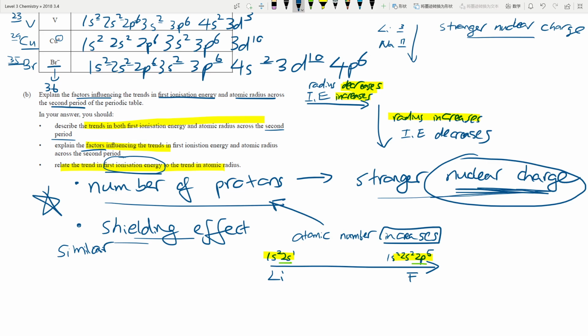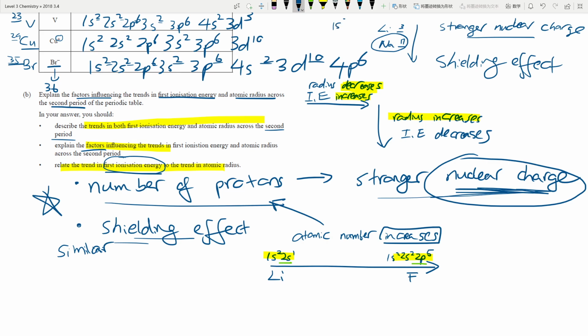Okay, but in this case the shielding effect is more significant, because despite sodium having a stronger nuclear charge with more protons, the valence electron of sodium is in a higher energy level.